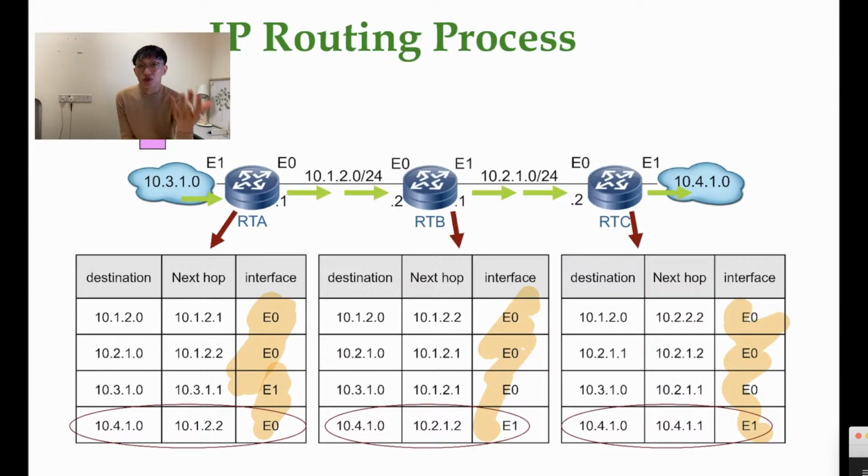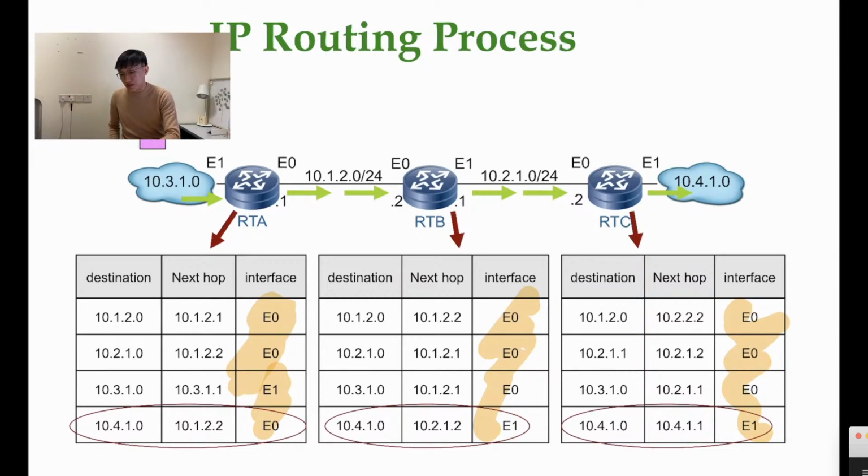You come in, you have to go out. You cannot stay inside the router. Again, the first column is all the destination networks that we are trying to get to. The second column, next hop, is the next router that will help us forward our packet along the path. The last one, interface, represents the exit interface on the router that a packet will get out from.